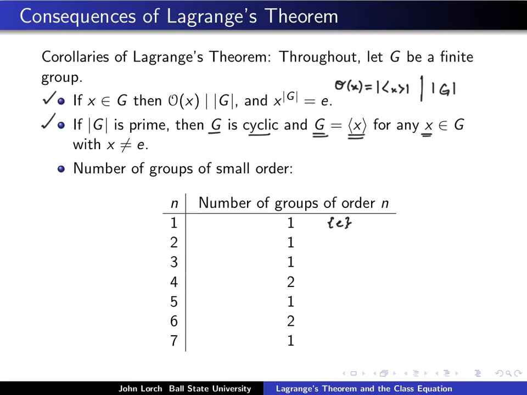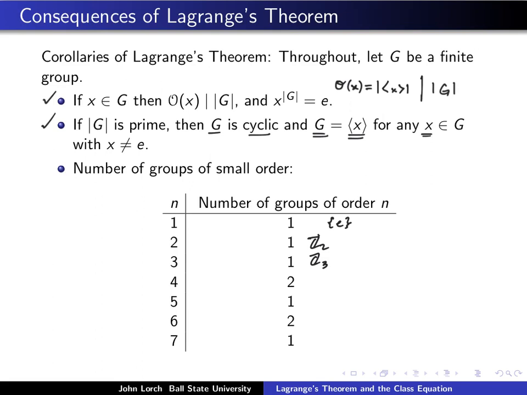When n is 2 and 3, both of those are prime numbers, and we know that groups of those orders must be cyclic. And so these are essentially Z2 and Z3, both under modular addition.